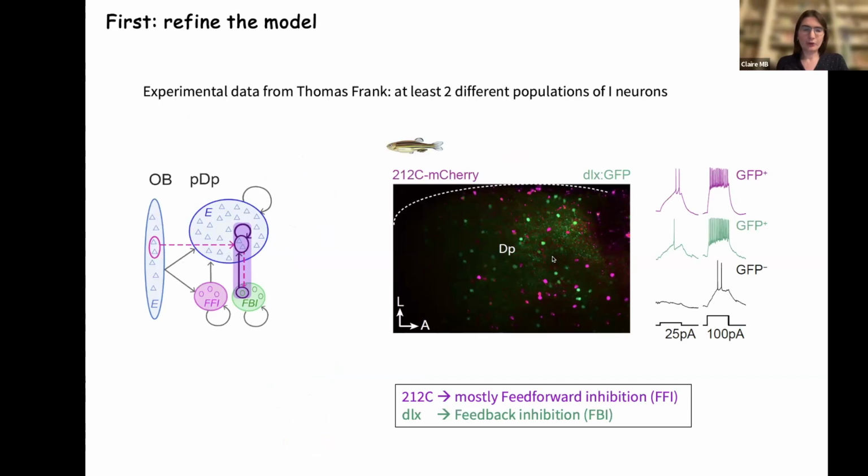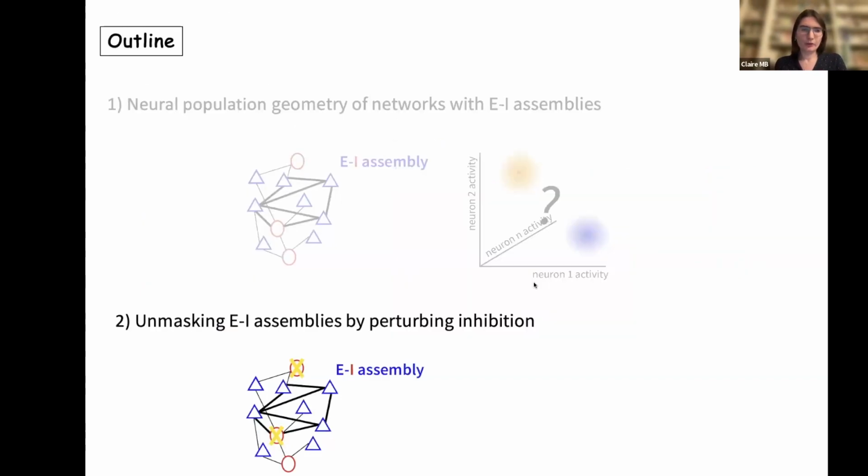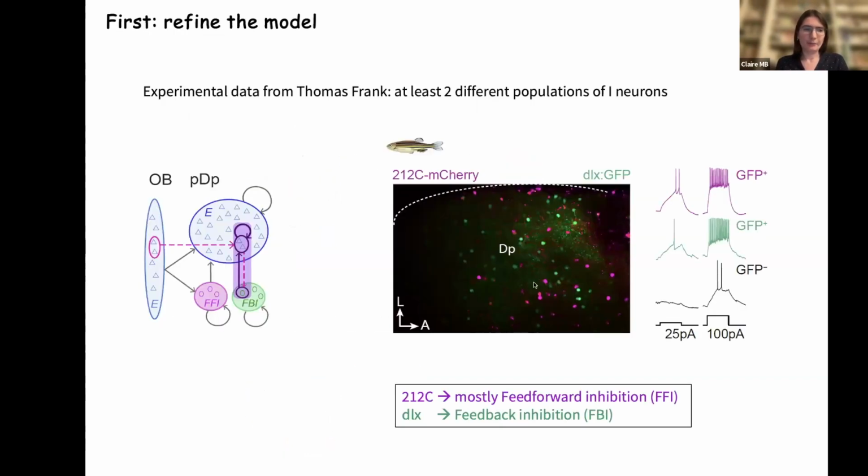These two populations of inhibitory neurons differ by their connectivity. The DLX positive population is a feedback population, which means that it receives input only from DP neurons, and the 1212C positive population is a mostly feed-forward inhibitory population, which means that it receives input from the olfactory bulb.